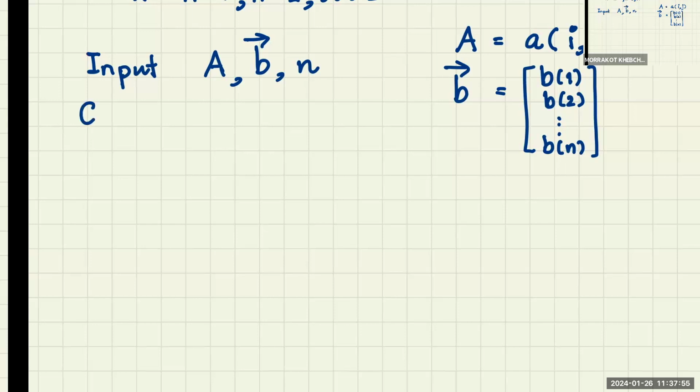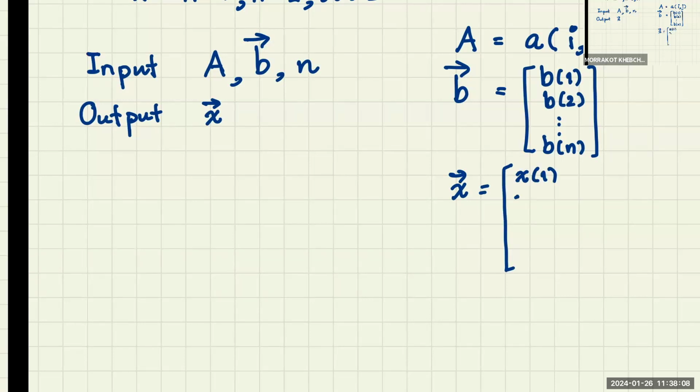But we want the output vector x, right? We want to get x in the first row, x in the second row, up to x in the n-th row. This is what we want.